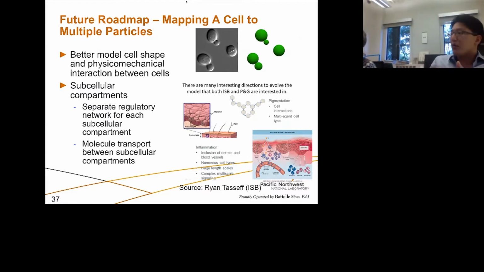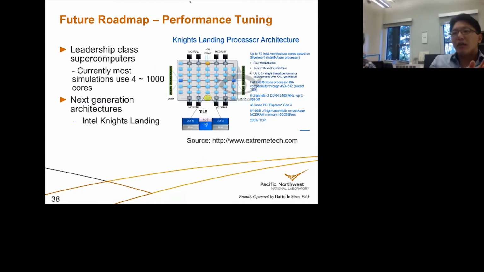And also, we currently run this mostly on something like a quad-core workstation to a 1,000-core cluster. But leadership class supercomputers have millions of cores, and we'll have machines with billions of cores in the coming 10 years.